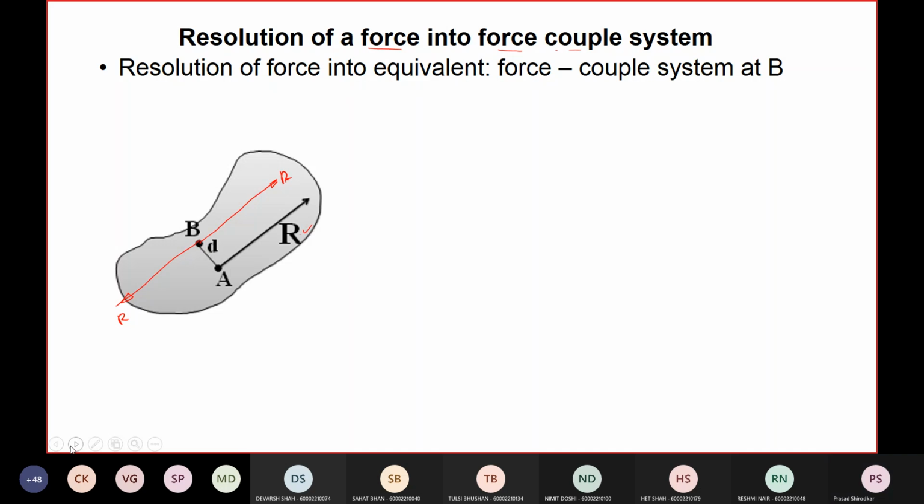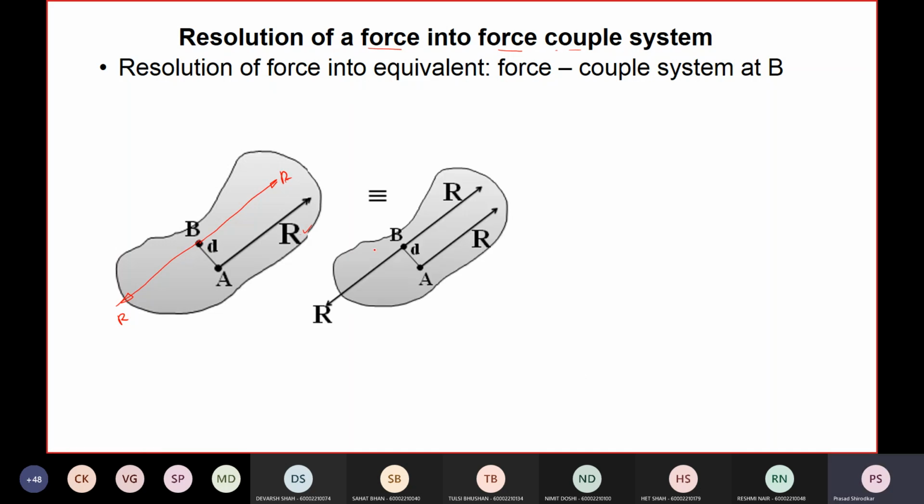Now these two forces of equal magnitude and opposite direction will form the couple, and the magnitude of that couple will be given as R into D.